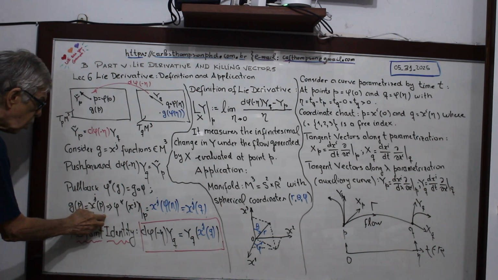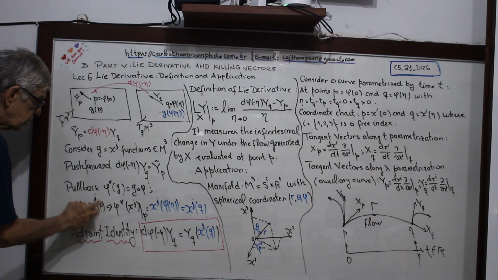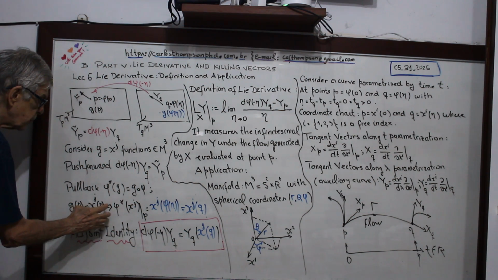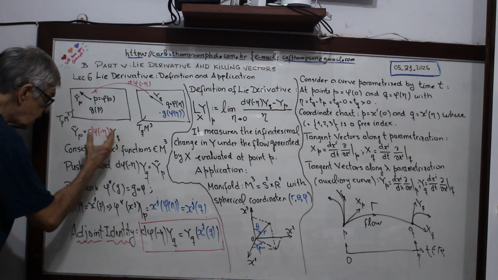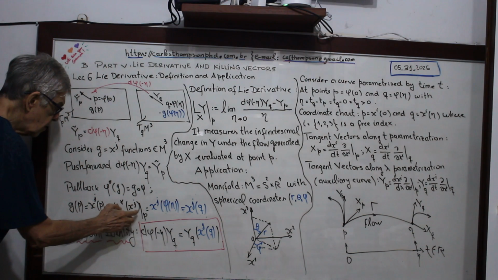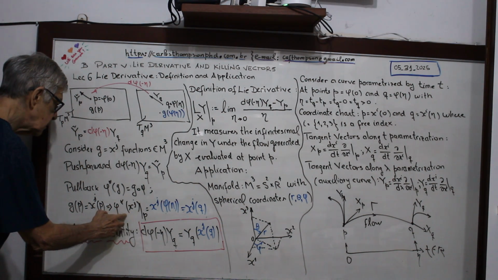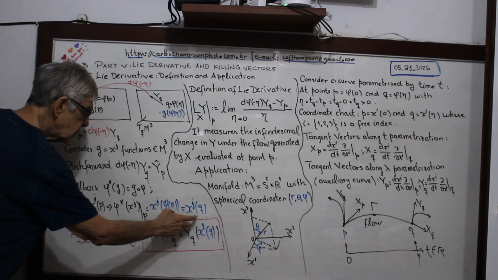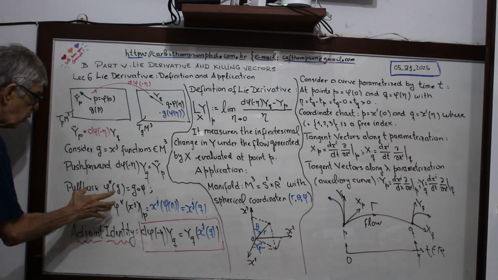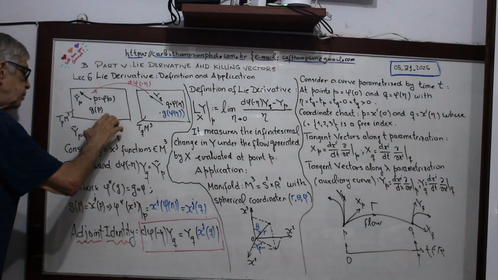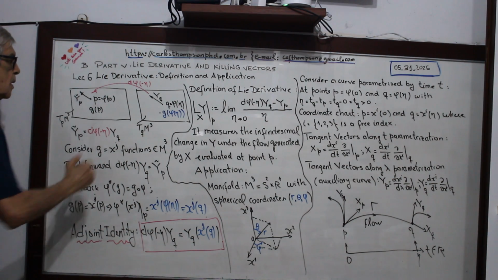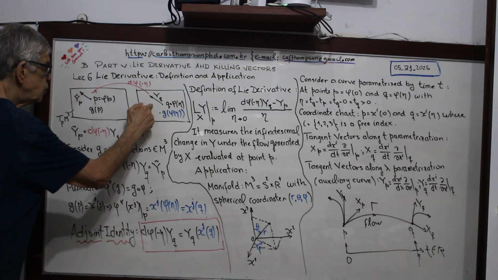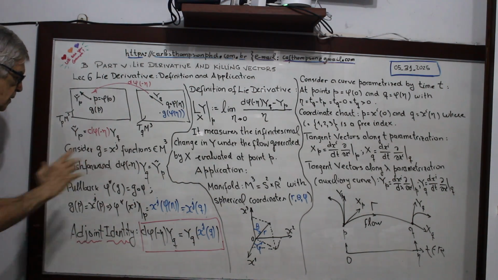These are coordinates at P. The pullback takes the coordinates here at P and leads to the point Q. That's a pullback. Pullback is from P to Q. Push forward is from Q to P.